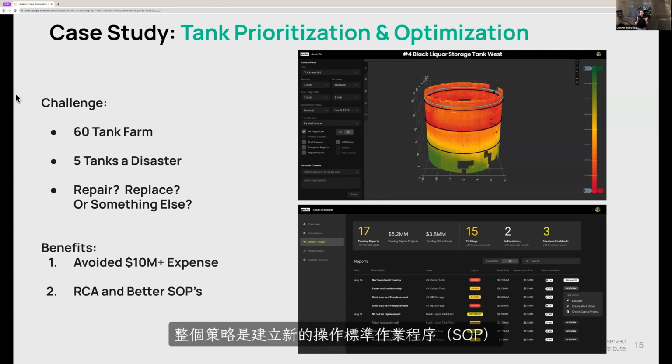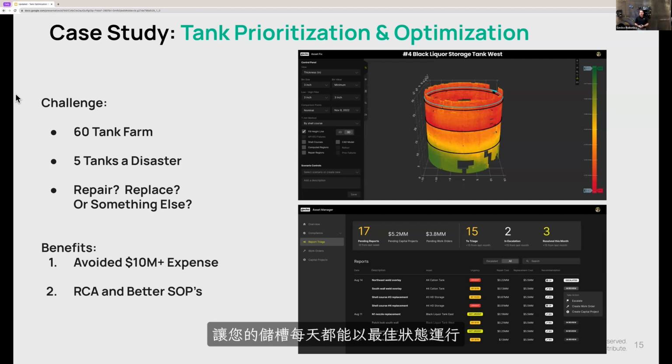The whole strategy here, folks, is to build out new operational SOPs on how to treat the tanks so that those 5 tanks never suffer these types of catastrophic corrosion rates moving forward. We can eliminate tribal knowledge and suboptimal SOPs so that your tanks perform at their best level every day for their entire life.